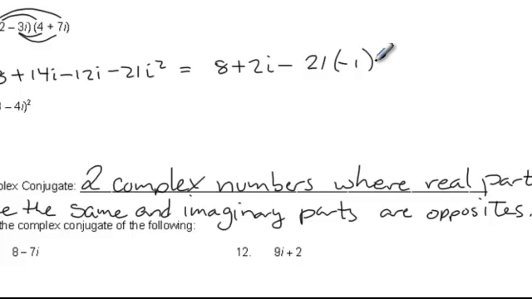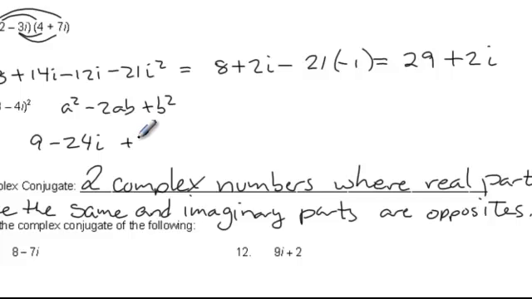Rewrite with your real parts first and you get 29 plus 2i. This is a perfect square trinomial. That's a squared minus 2ab plus b squared. So therefore it becomes 9 minus 24i plus 16i squared. Rewrite and simplify with your real parts first. -7 minus 24i.